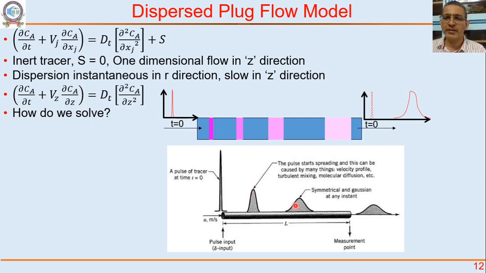After some more distance, it has spread even more. The peak has reduced. After some more distance, the peak has reduced and it has spread even more. So how it spreads and how the peak decays tells us what is the extent of dispersion in this vessel, in this reactor, if you like.